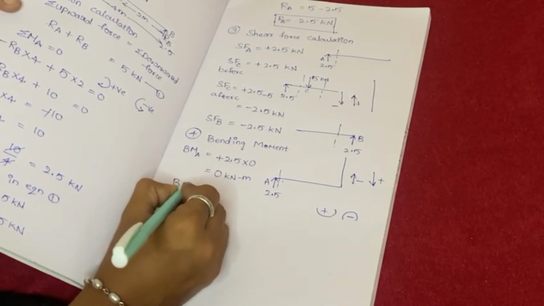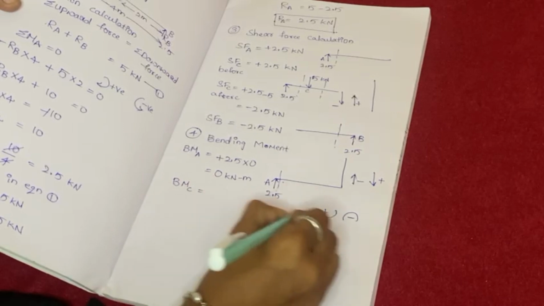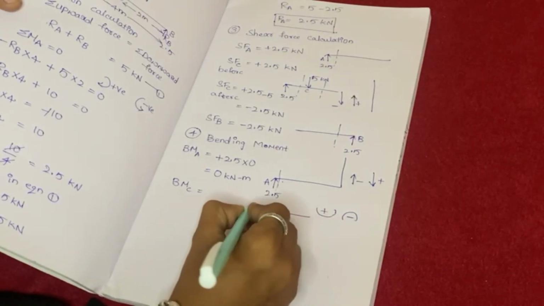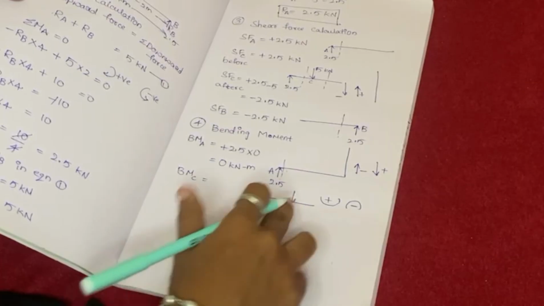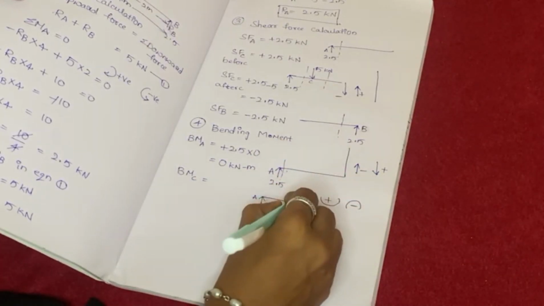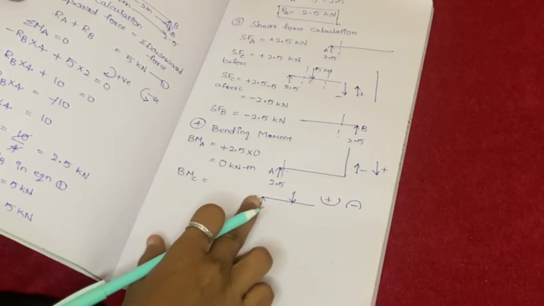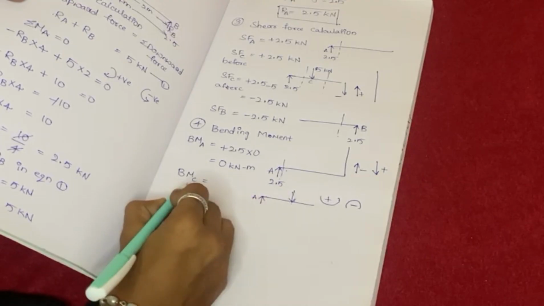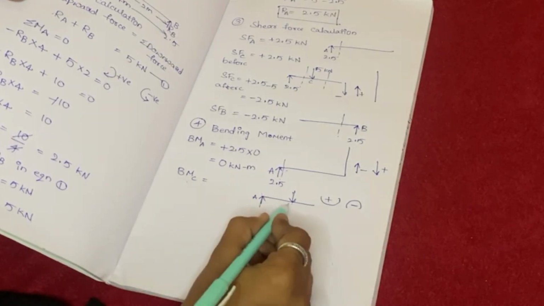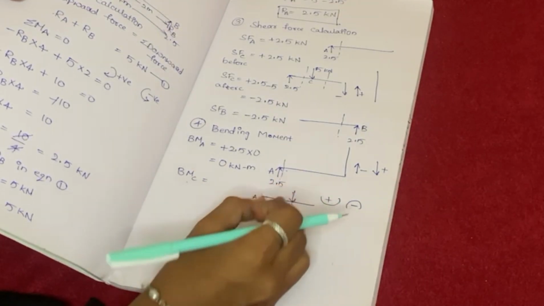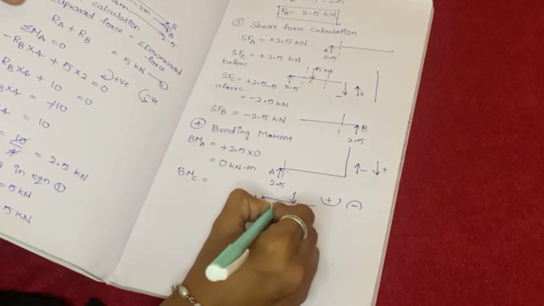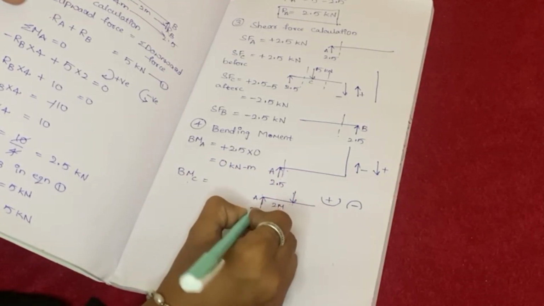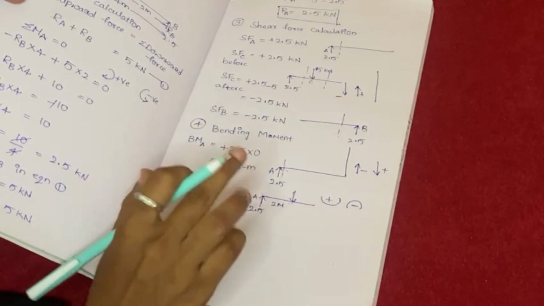Bending moment about C. About C, I am calculating bending moment. First of all, A moment means force into perpendicular distance. How much is A to C? The distance is 2 meters. A is 2.5. It is creating sagging moment.